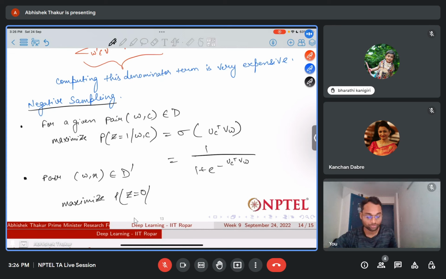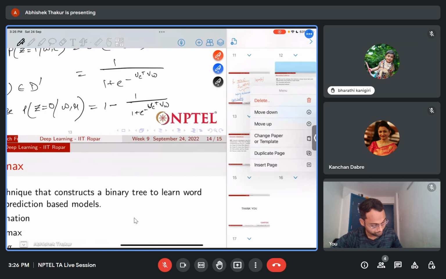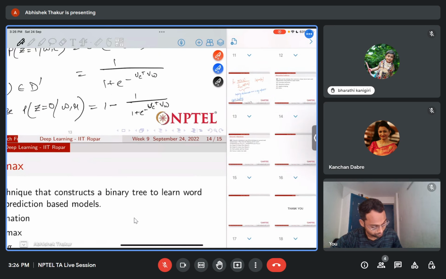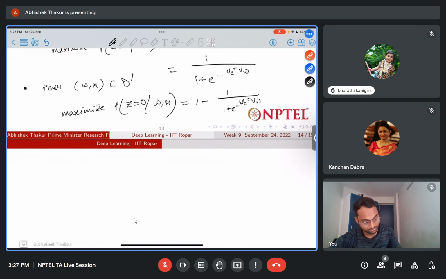This is a false statement, so z is equal to 0 such that the word w occurs with the wrong context r. This is also given as 1 minus this term, that is 1 by 1 plus e to the power minus. So this we will maximize.